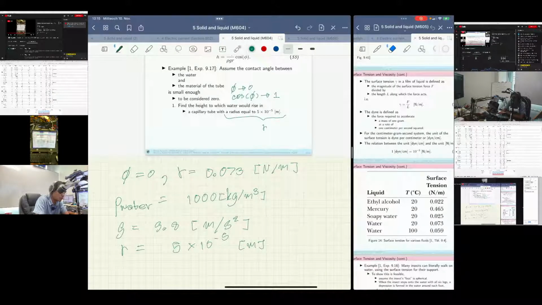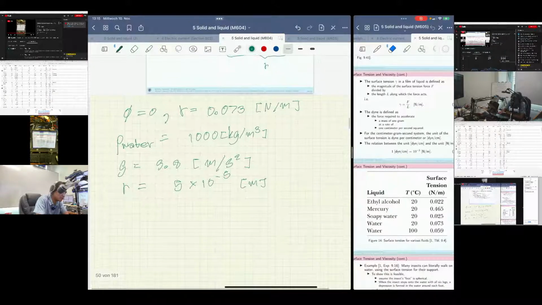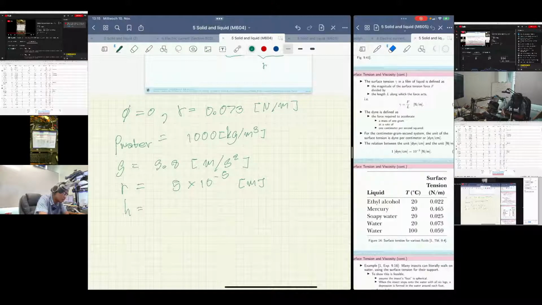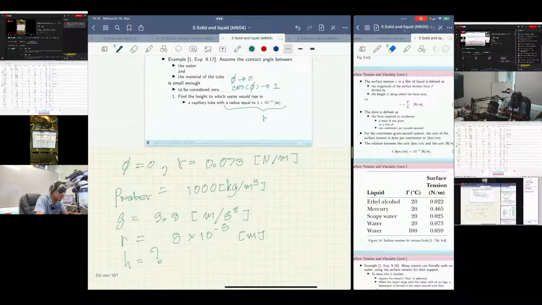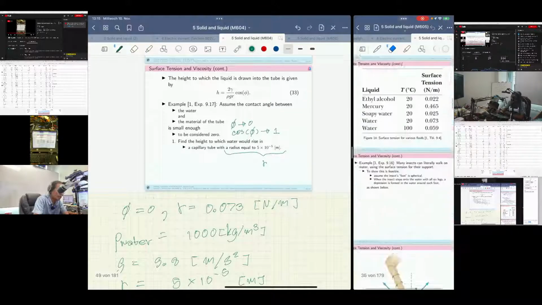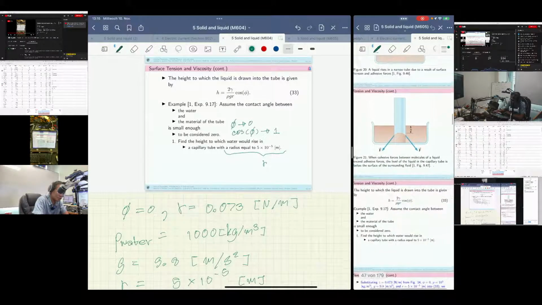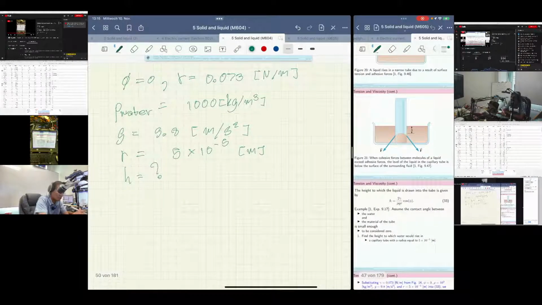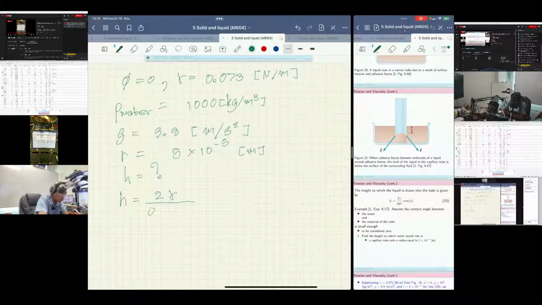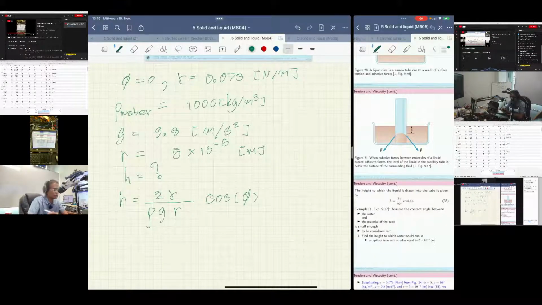So they want to know the height, h, right? So what is h in this case? We have to use this formula, h equals 2 gamma over rho g r cosine of phi, right?